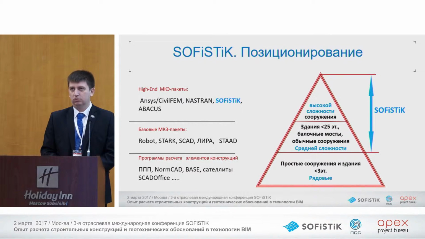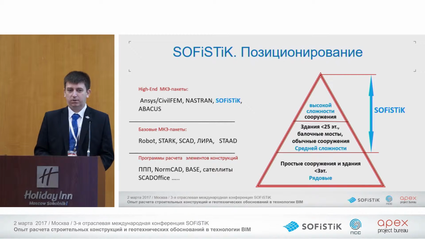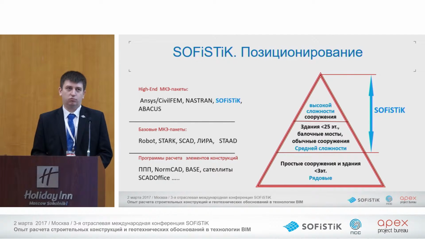And the niche compared to other products is mid-range and highly complicated and complex structures. So you can use it for buildings of more than 25 stories, for beam bridges and special structures and plants.